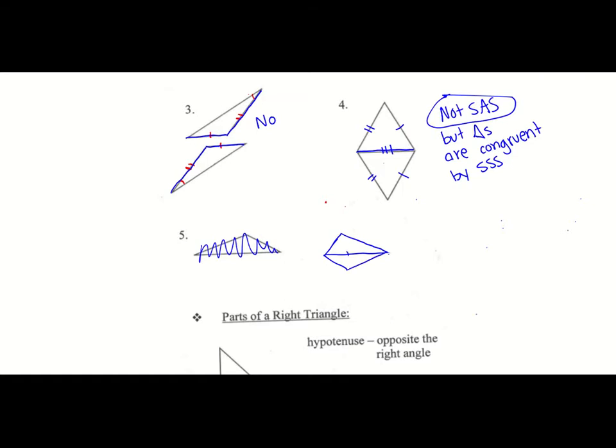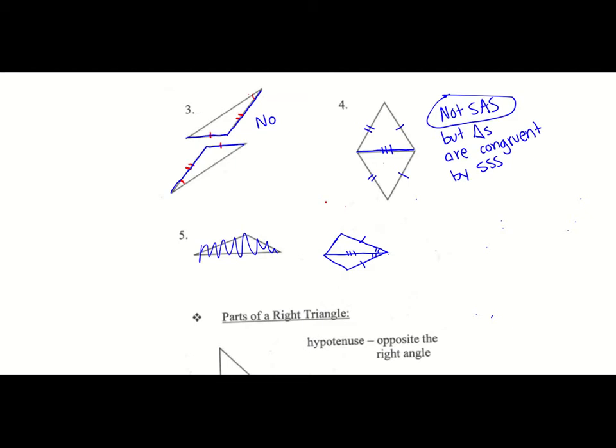And we know the middle side's the same because it's on the same line. And we're given these two sides are the same, and these two angles right here are congruent. So can we use side angle side is the question.